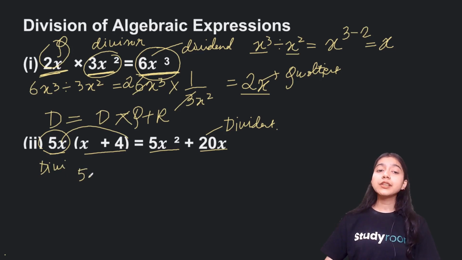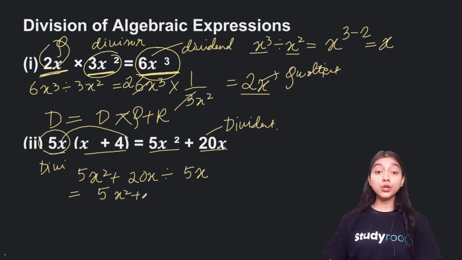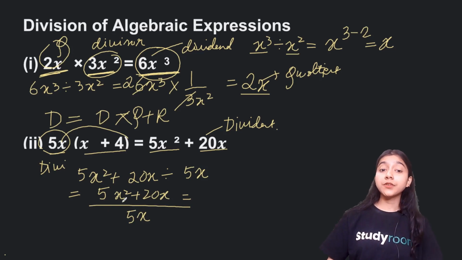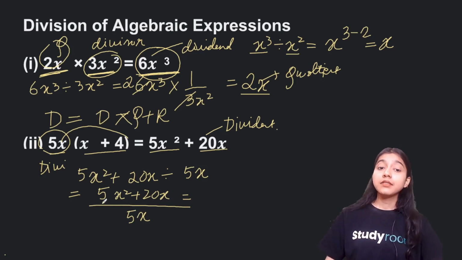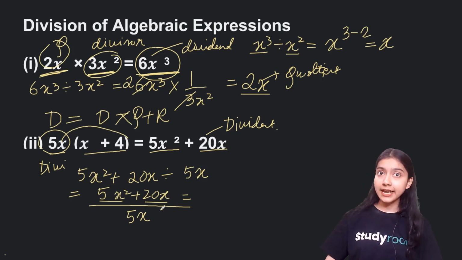So, what we have to do is divide this 5x squared plus 20x with 5 times x. In order to do this, we can represent it as 5x squared plus 20x in the numerator, give a division sign like this, and in the denominator write 5x. From the numerator, now observe, I have taught you this in the previous lesson, that from 5x squared and 20x, we can take common factors outside the bracket.